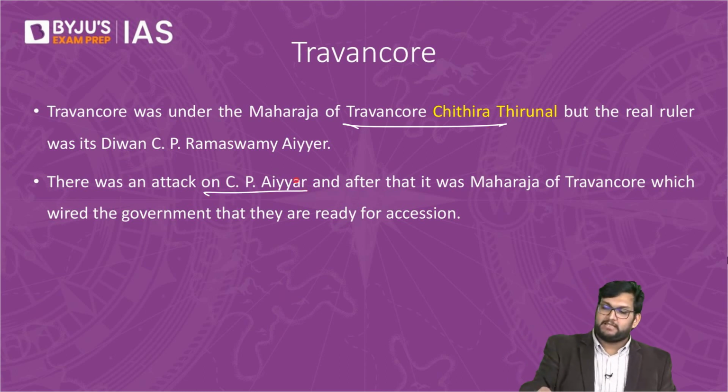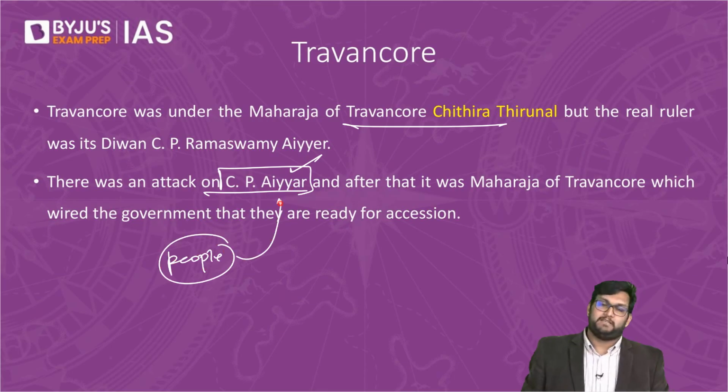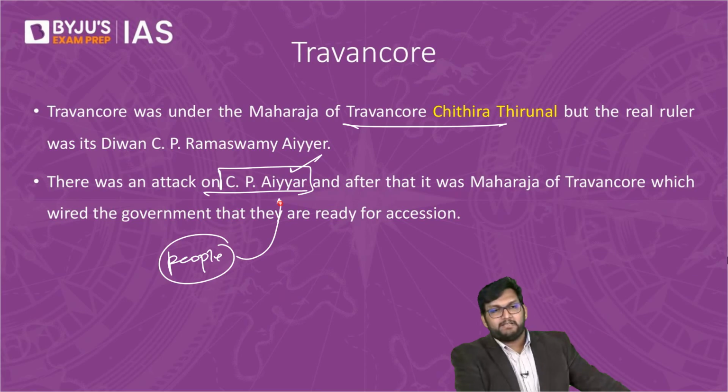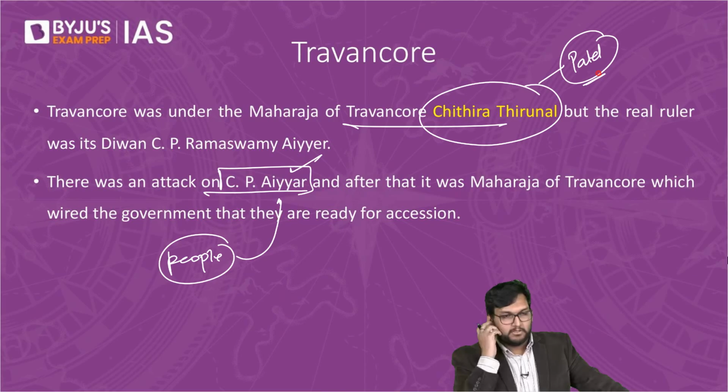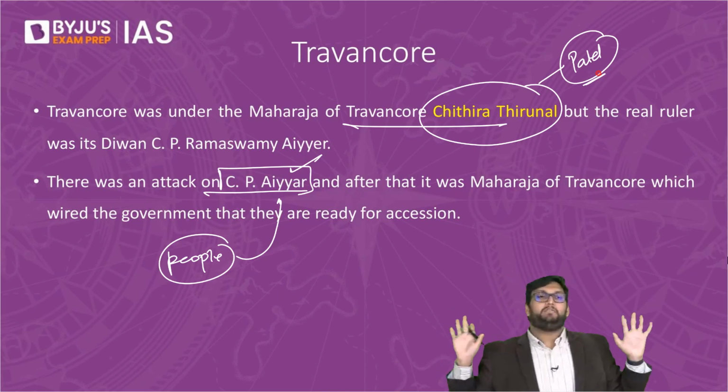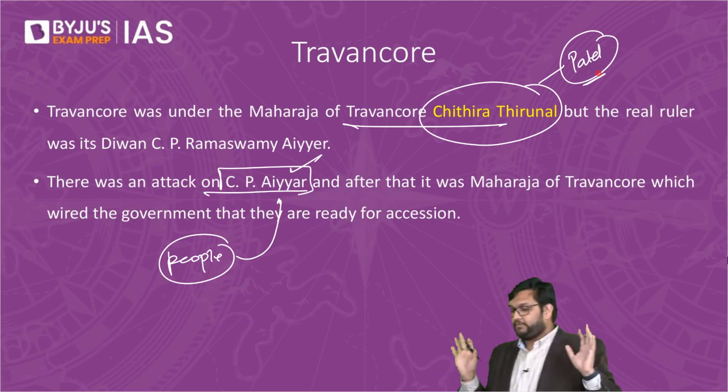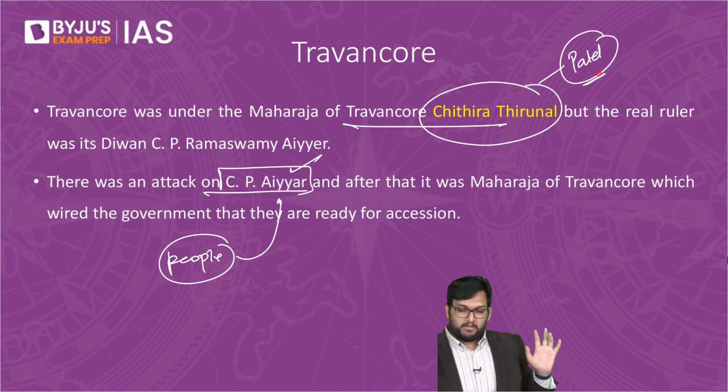And when C.P. Ramaswamy Iyer says that I want Travancore to be an independent state, he will be attacked and people will go after C.P. Ramaswamy Iyer, and thereafter the Thirunal is going to call Patel and say that I want to be part of India.